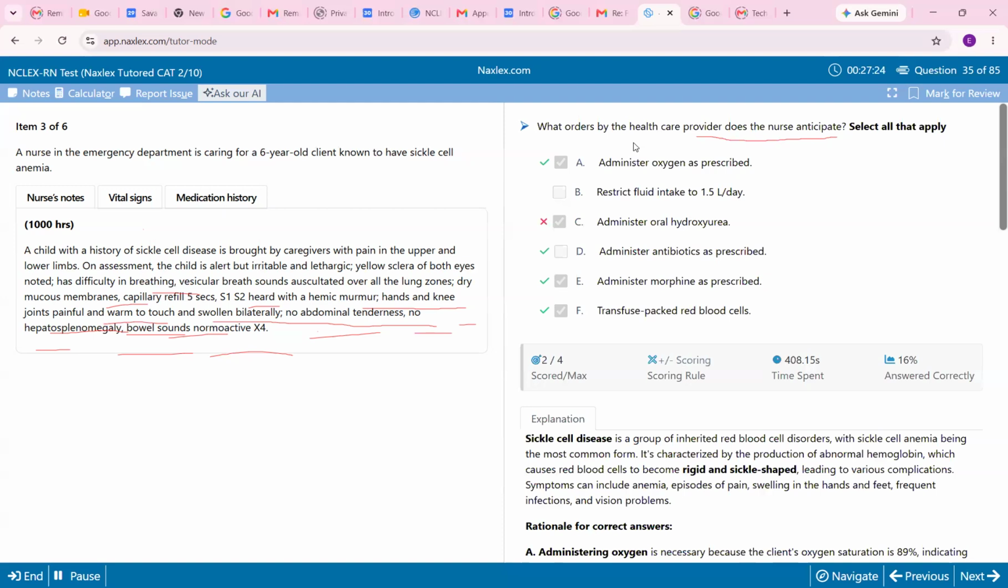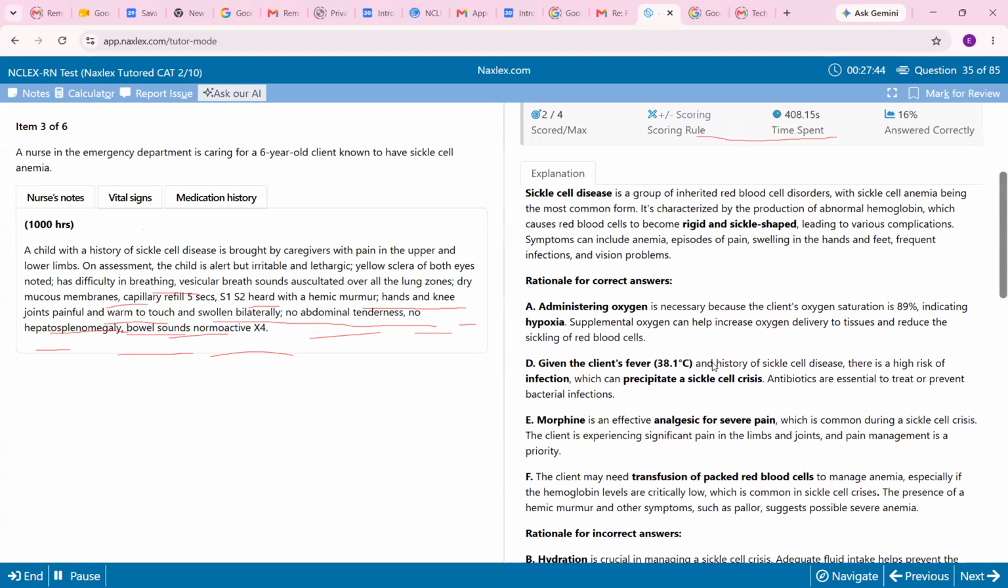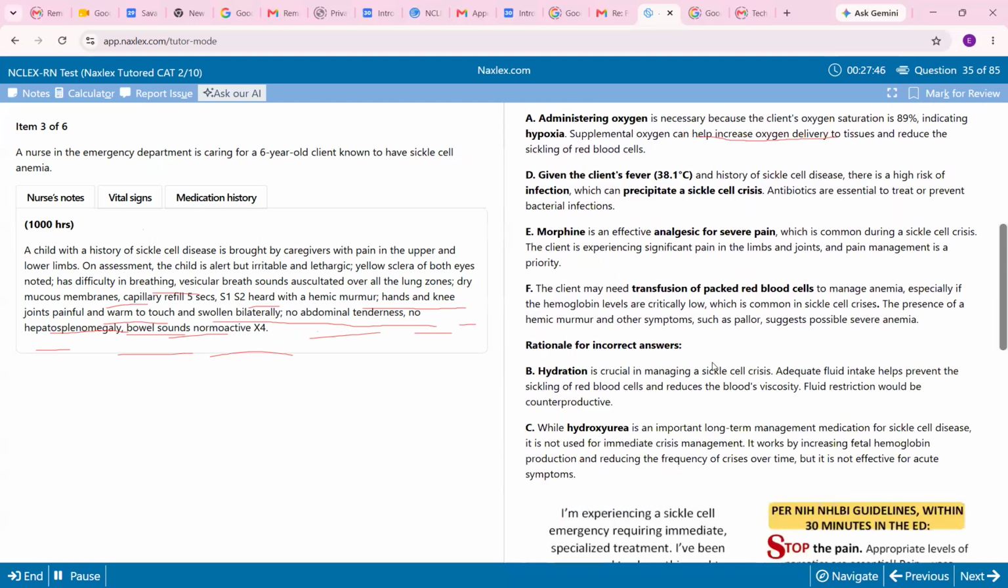So here the client is going into sickle cell crisis. That means it is an acute stage. So in such cases, hydroxyurea is not administered. So the other answers are correct. But here the antibiotic we have not chosen. We can check it. Antibiotic.